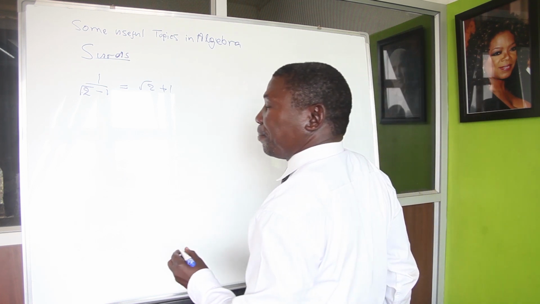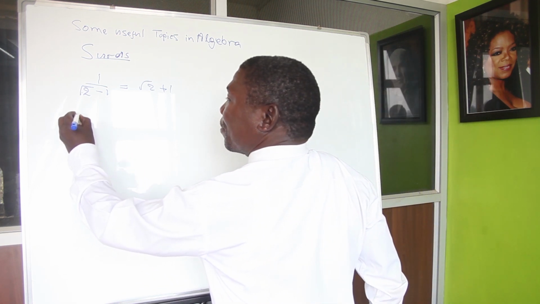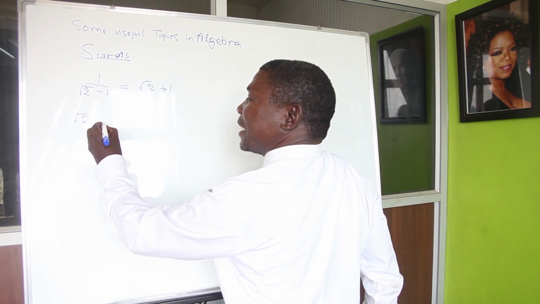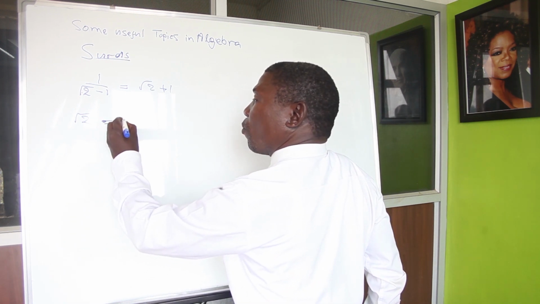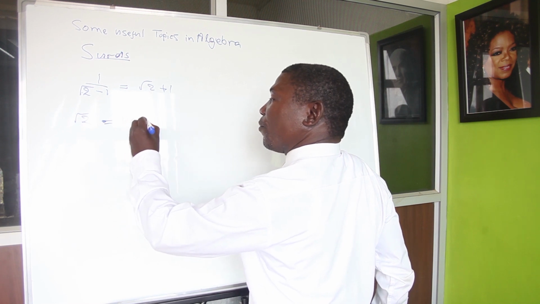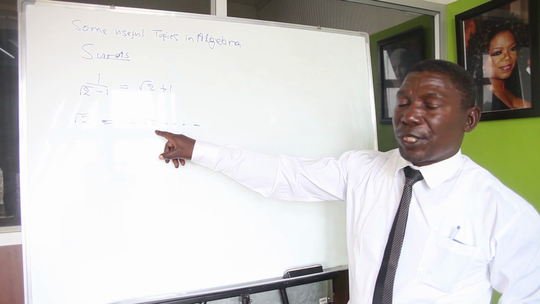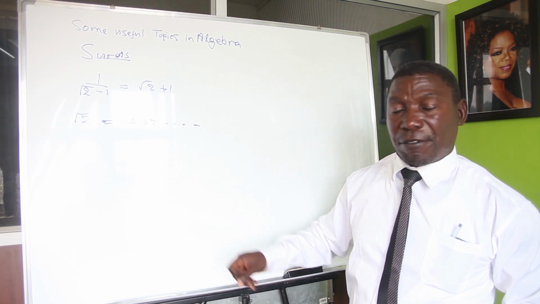Now surds, an expression like root 2, is approximately 1.4142 and so on. This expression cannot be expressed as a fraction.